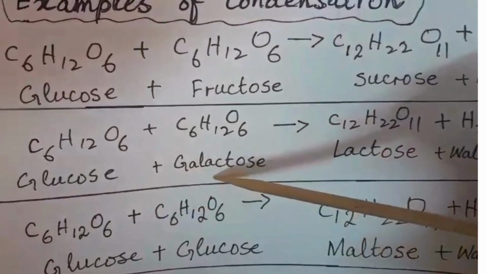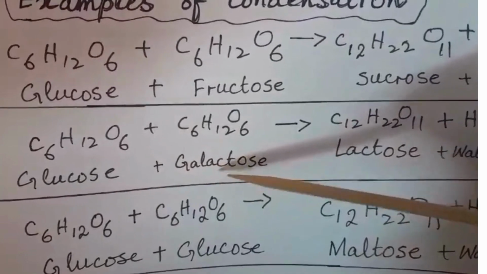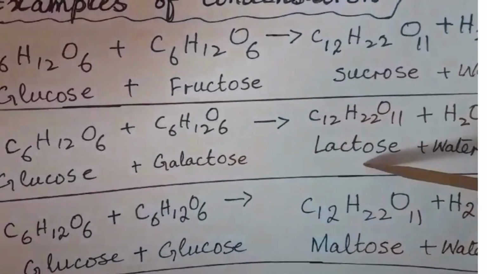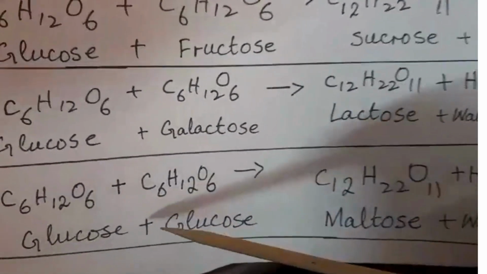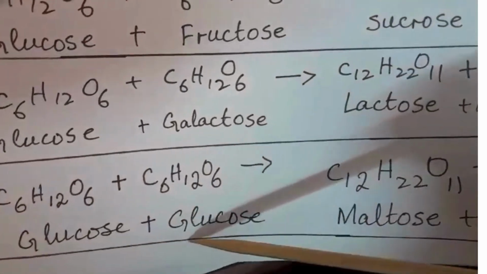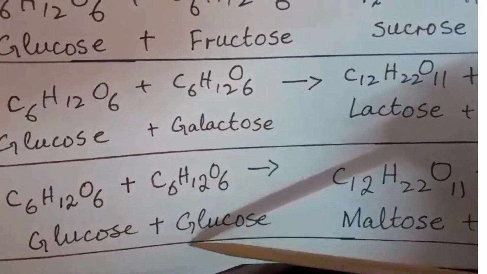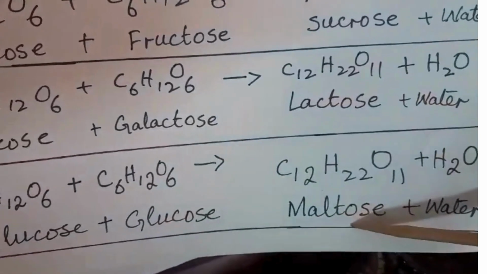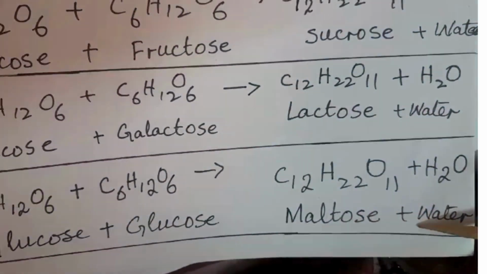Glucose and galactose, the simple sugar in milk, combine and make lactose and water. Two glucose molecules react and make maltose, and water is produced.